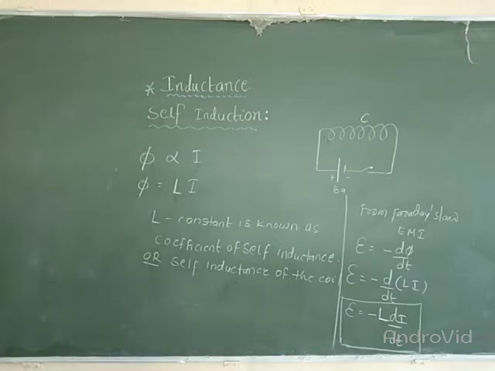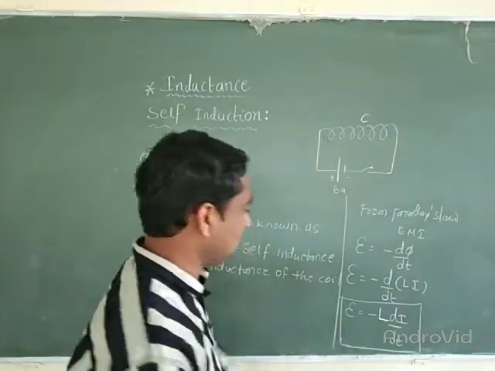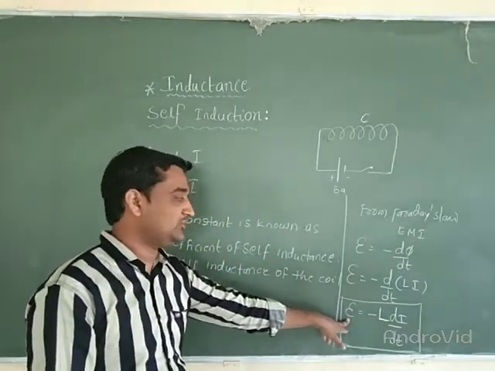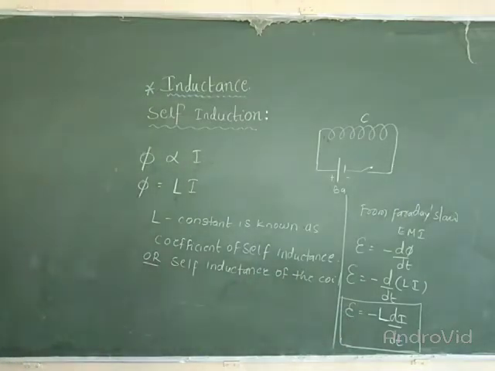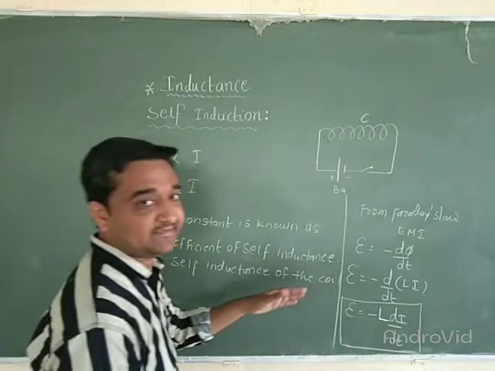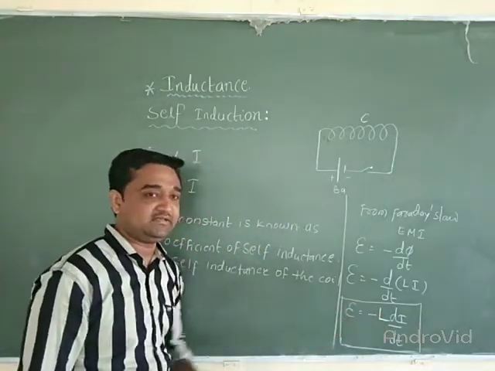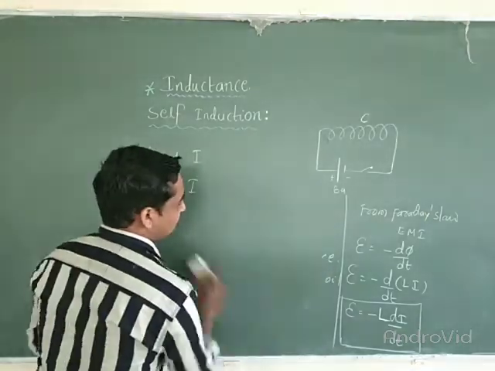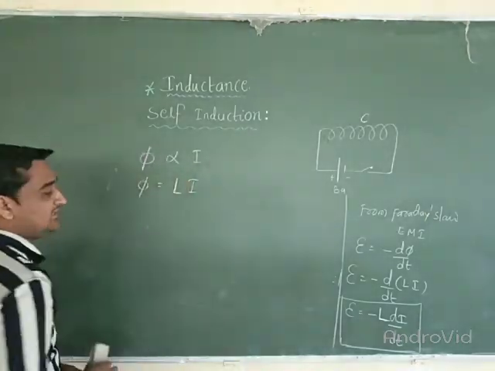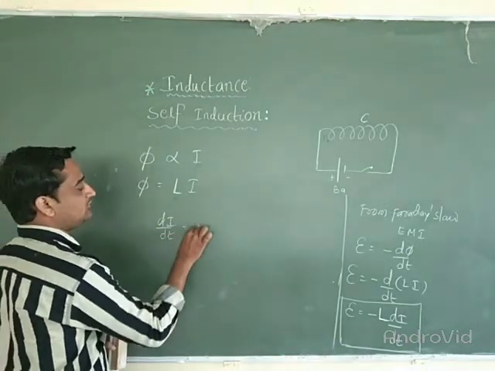So how can we now define the self-inductance of the coil? The self-inductance of the coil is numerically equal to the induced EMF when the rate of change of current through the coil is unity. So L is equal to E, that is the induced EMF, if di by dt is equal to unity or 1.